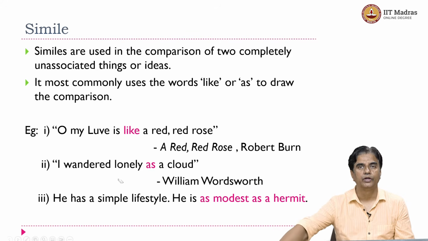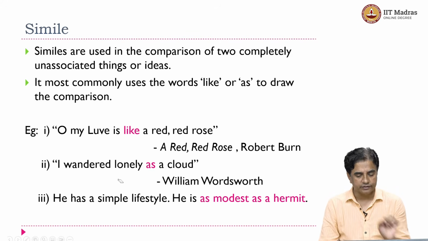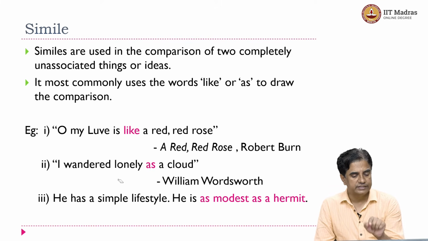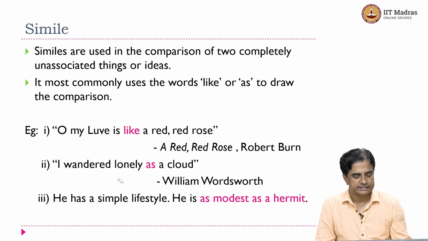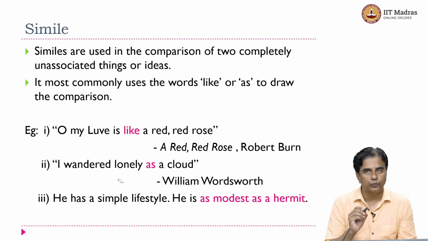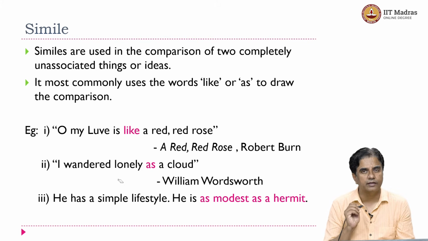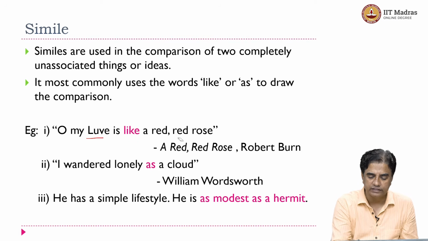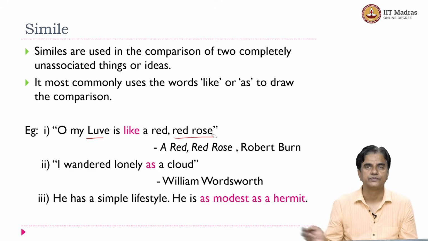Now, look at the components in color. These are markers of similes. So, what is the goal? We are trying to compare love with a red rose.